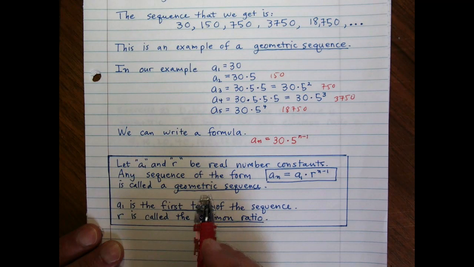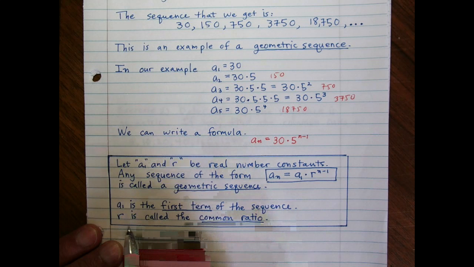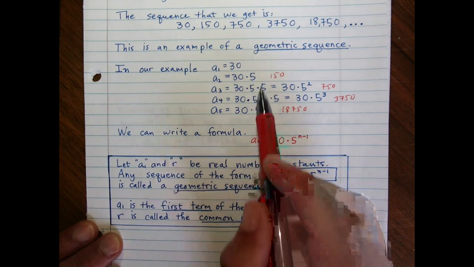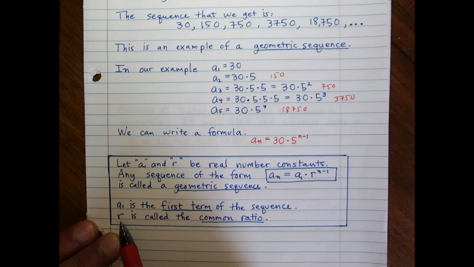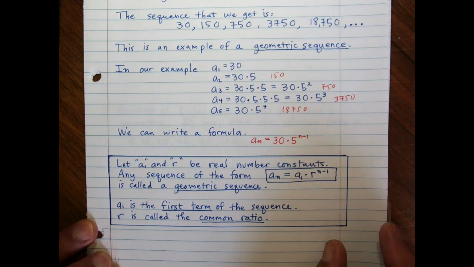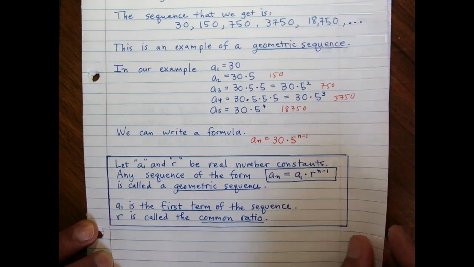A sub 1 is the first term of the sequence, and r is called the common ratio. And we'll talk more about why we call it that as we go through our examples. So again, in our example, a sub 1 was 30. The common ratio, r, is 5 in that example. So let's go ahead and do some exercises now.